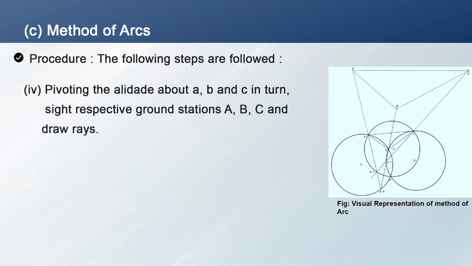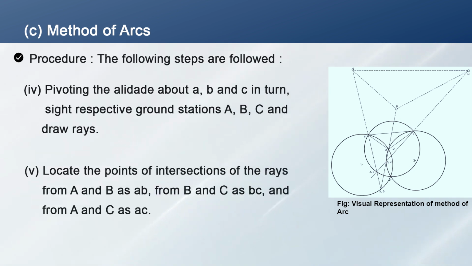Pivoting the LED about a, b and c in turn, sight the respective ground stations capital A, B, C and draw rays. Locate the points of intersection of the rays from A and B as small ab, from capital B and C as small bc, and from A and C as small ac.